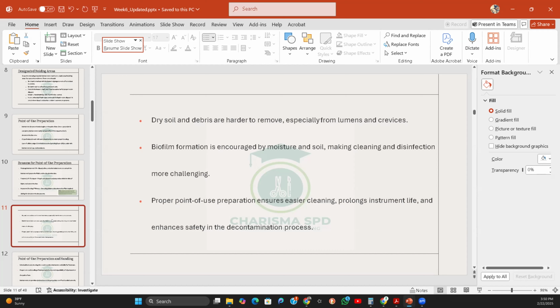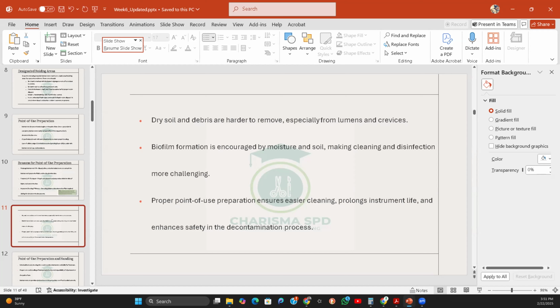Crevices are box locks of instruments, sometimes the tips of some instruments, the ratchet areas. Some instruments are designed such that it's very difficult to reach certain parts. Once you begin to do this job, you understand what I'm talking about.